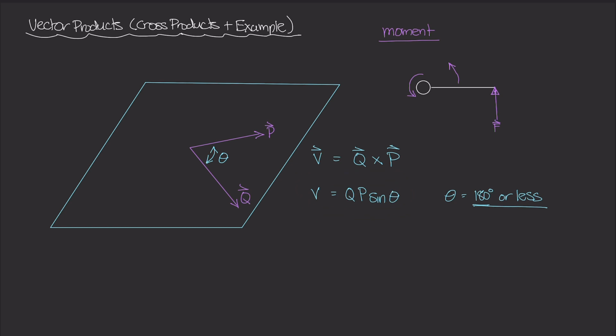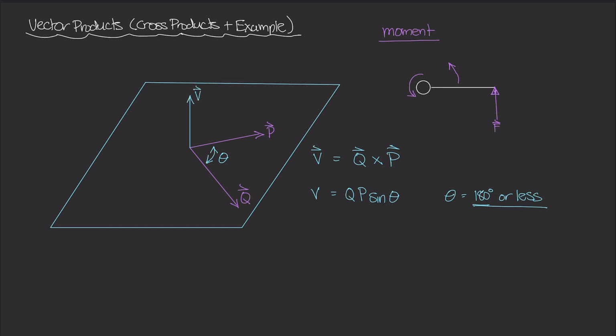In order to understand the direction of this vector v, we need to understand the right-hand rule. I'm going to go over the right-hand rule in the next video. But for this specific example, I'll just tell you that the direction of v, if you take q cross p, is going to be upward.